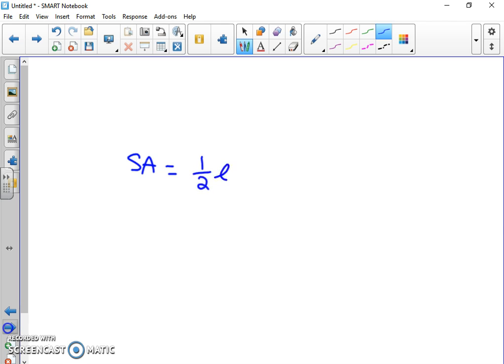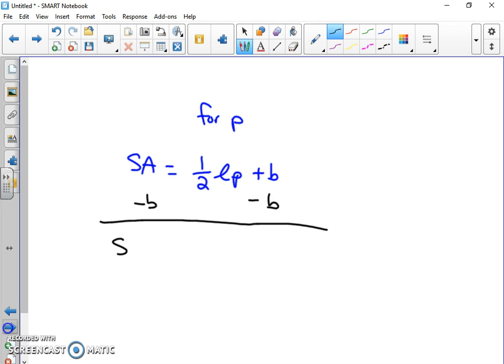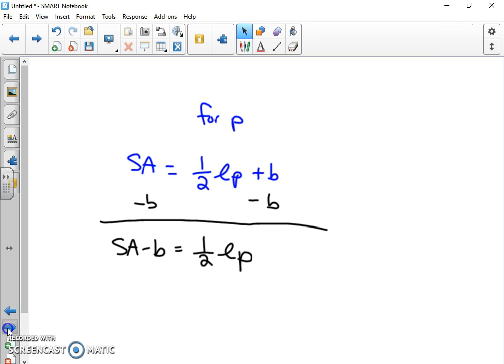1/2 LP plus B, and we want to solve for P. So we have to get that B to the other side first. Let me use another color. So I'm going to subtract B, and I'm going to subtract B. So we have SA minus B equals 1/2 LP. Now, since this is all multiplication, we can get rid of that 2, or the half. So multiply both sides by 2.